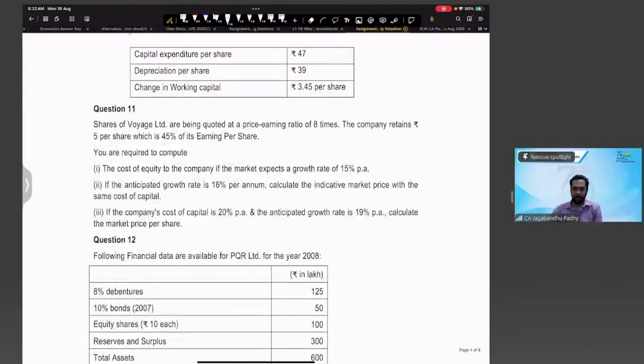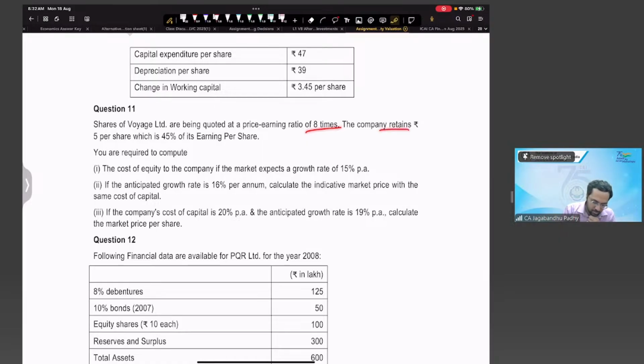Okay, now question 11. Shares of Voyage Limited are being quoted at a price to earning ratio of 8 times.